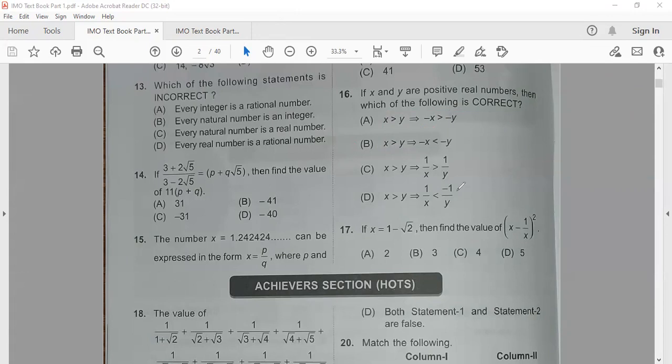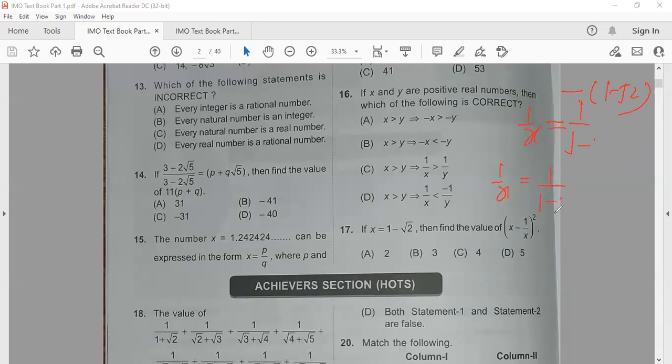17th. Now x is this one, and this is very easy. 1 upon x, you will get 1 upon x. I think here the sign will change. Let me solve this one because I think there is a problem with the sign.